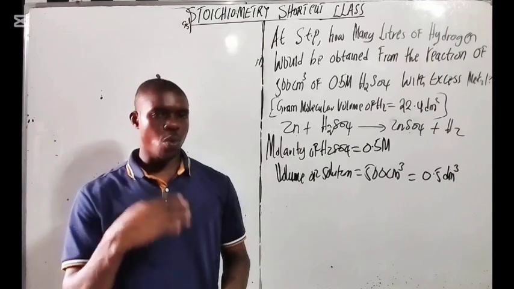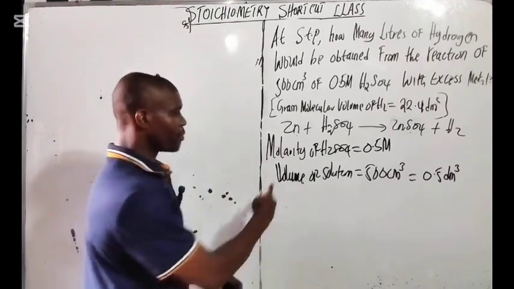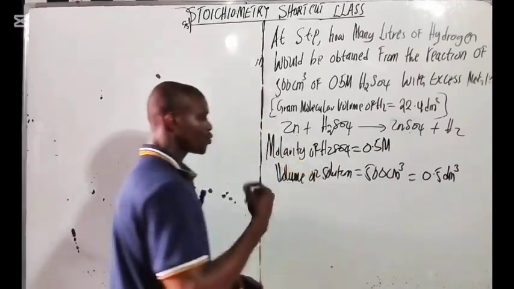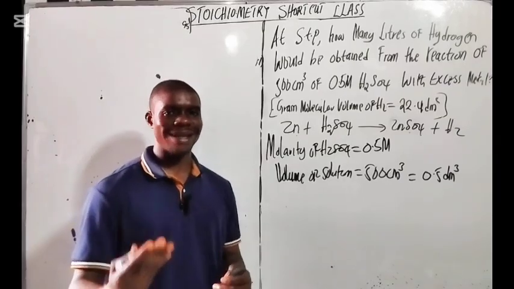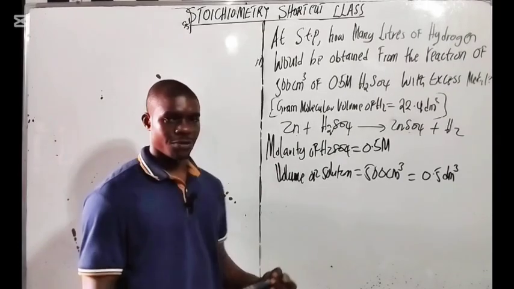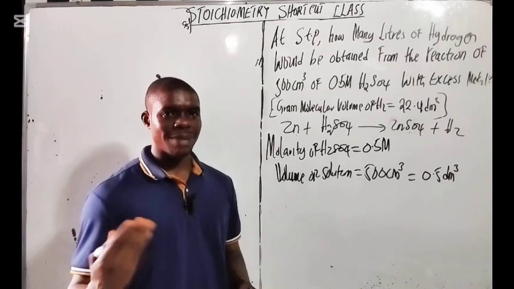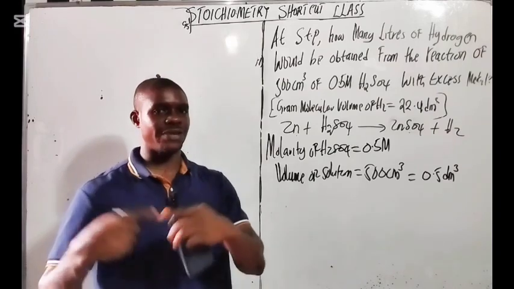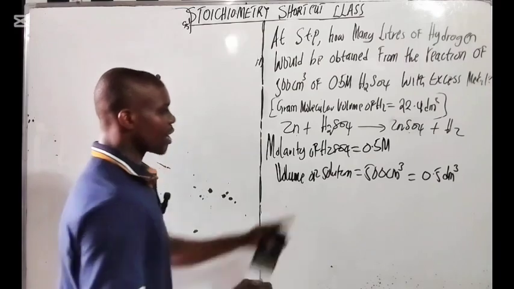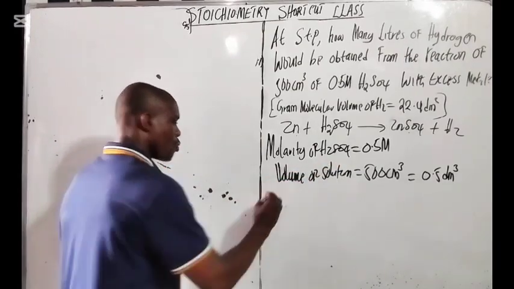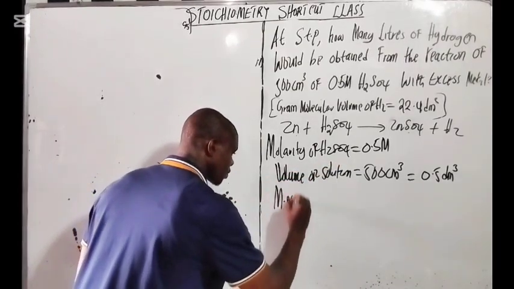What does that tell you? From these values, you have to calculate the mass of H2SO4. Whenever you are calculating the mass of H2SO4, first you have to calculate its molar mass. So let's calculate the molar mass of H2SO4.